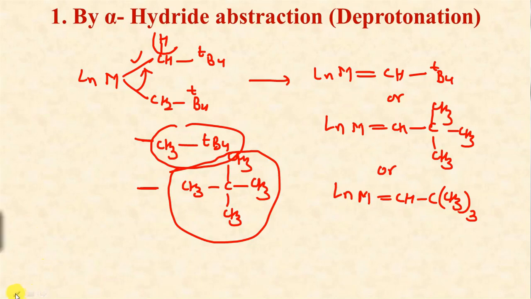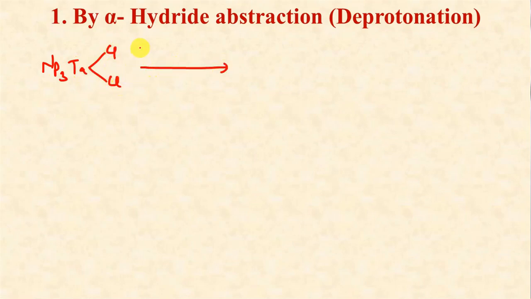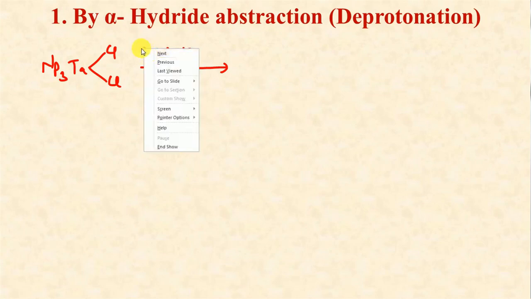Now I am citing a few actual examples for this. The very first is NP3TaCl2. The first step is to remove these Cl with neopentyl substituents.